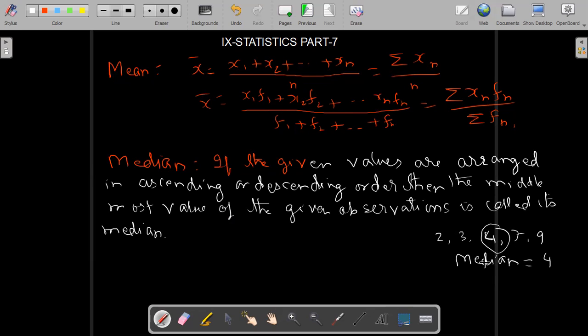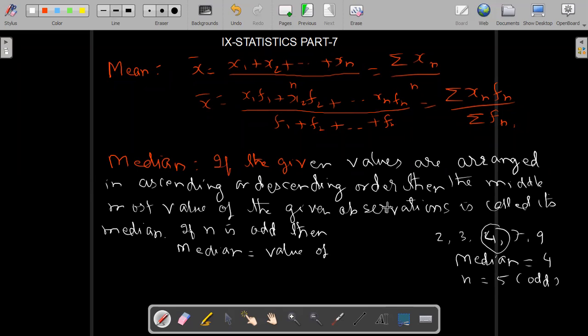So directly you can get the median as the middlemost value. And there is a formula: here n is 5, that is odd, and you are getting the third term, which is 5 plus 1 by 2. So if n is odd, if the number of terms is odd, then the median will be the value of the (n plus 1) by 2th observation.